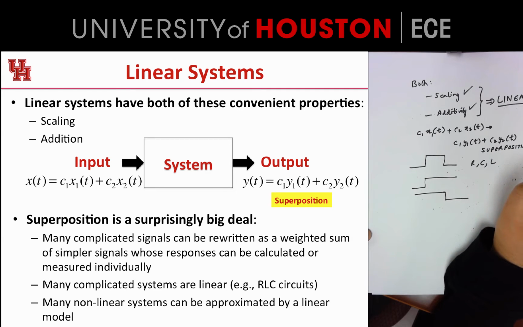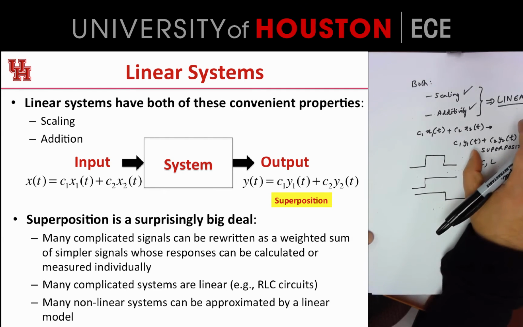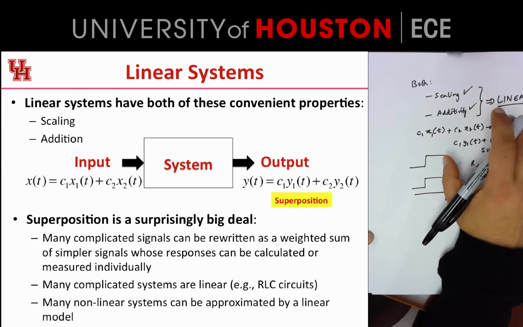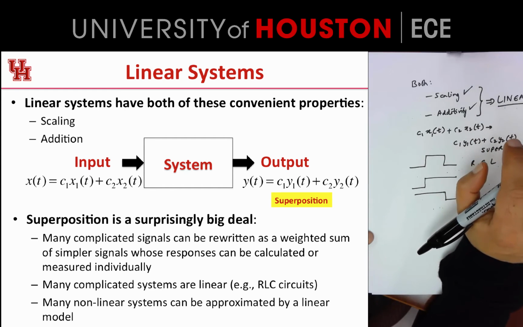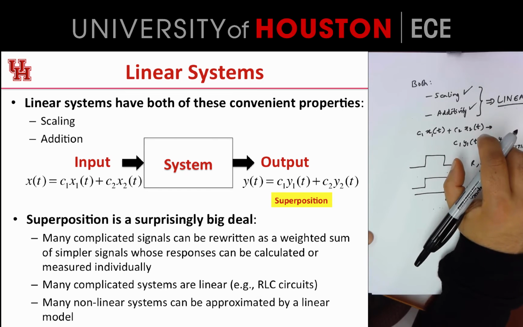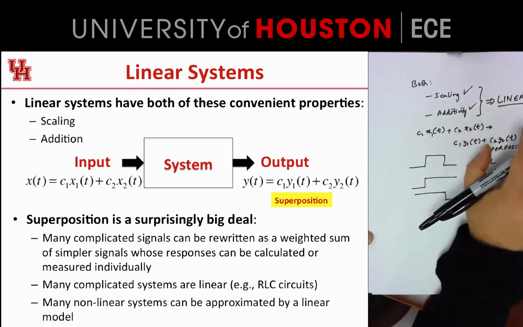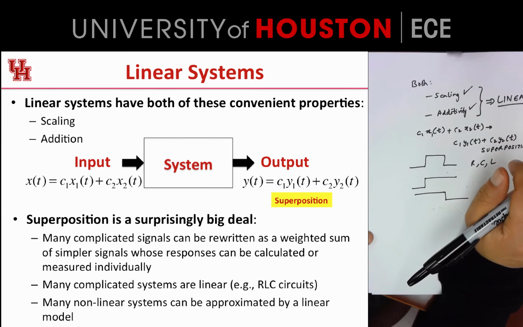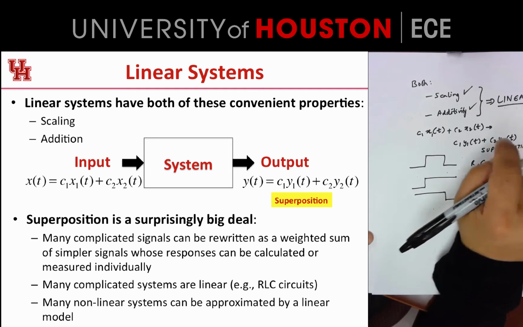Superposition is a very big deal because whenever we can take advantage of this property, our life is going to be easy. We're going to have a whole bunch of formulas and properties that we can take advantage of in analyzing, specifying, and designing linear types of systems because of the superposition property.